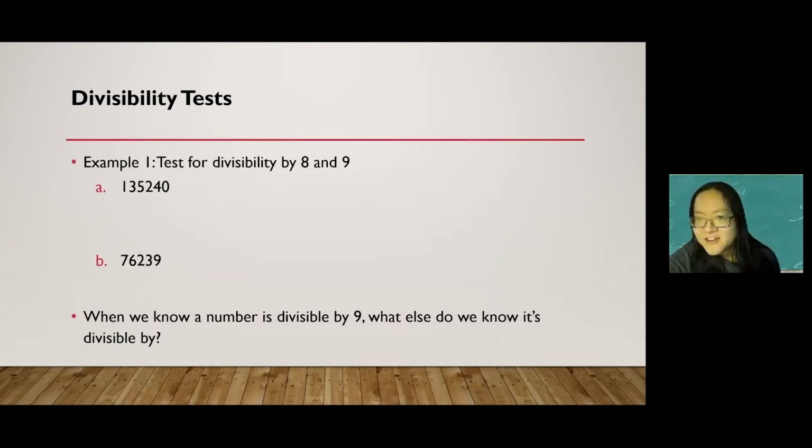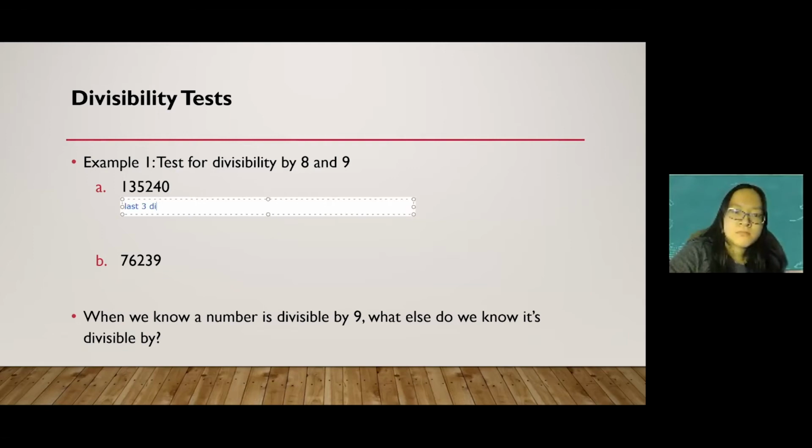Changxi, you want to try it? So the last 3 digits is 240. 8 times 30 goes to 240. So 8 is yes. Very good.